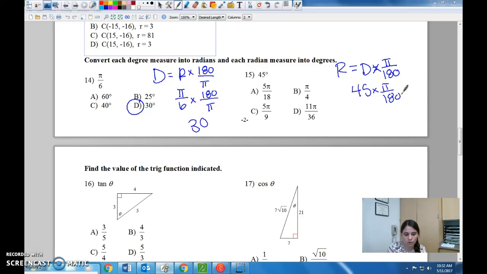So if you do it in a calculator, that is totally fine. So if you put it in a calculator, you end up with about 0.78 radians. If you don't do it in a calculator, it comes out to pi over 4. And if you had these options, you could always check that, and in your calculator just do 3.14 divided by 4, and it comes out to be 0.78. So you can kind of go back and forth with those.